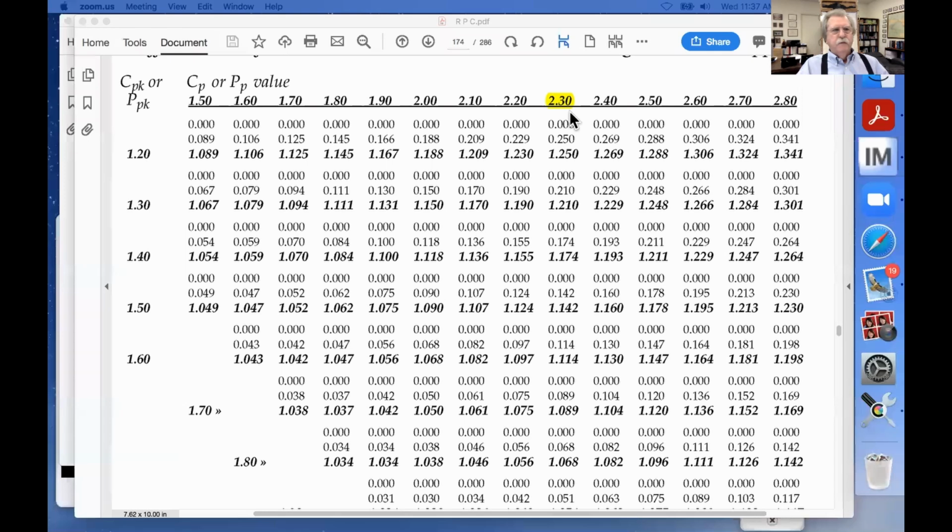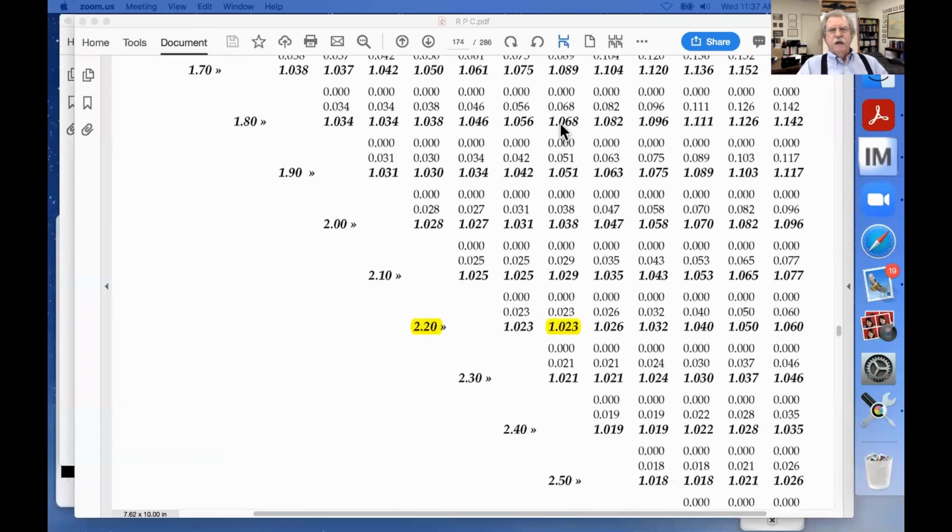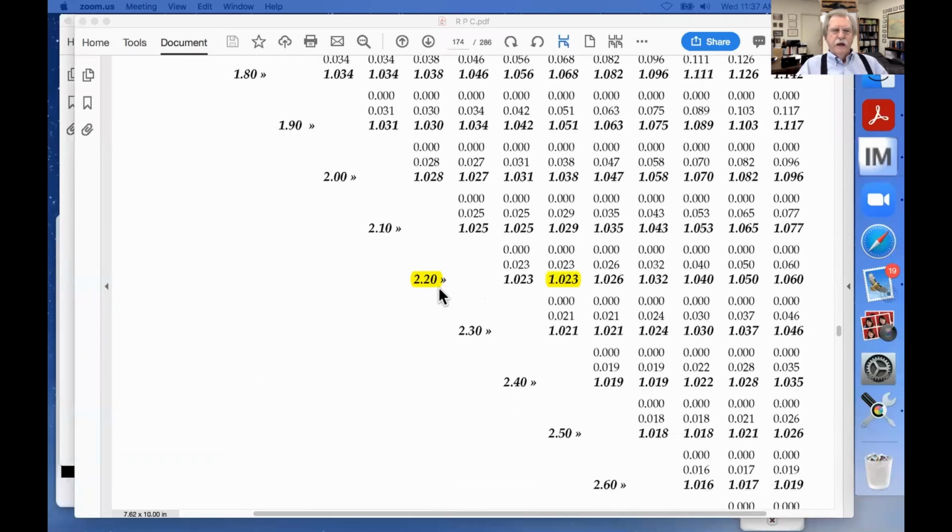There's a column where C sub P is 2.3. Go down to the row where C sub PK is 2.2. And there's your effective cost of production and use. Now, actually, we had a 2.25 and a 2.23, which is kind of in between these two numbers on the diagonal. And if we interpolated, we get our 1.022, which is what we just calculated.